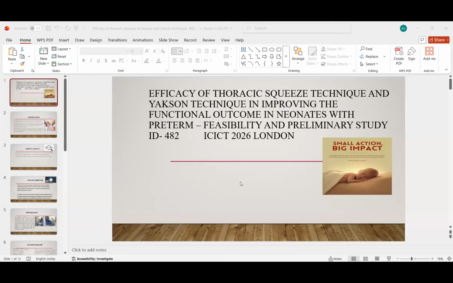So my topic is the efficacy of thoracic squeeze technique and Naxon technique in improving the functional outcome in neonates with preterm, a feasibility and preliminary study. My ID is 482. We all know that the preterm infant is one of the most sensitive populations all over the world, and doctors and other healthcare workers are working very hard and making various new techniques and innovations to improve the condition of the preterm.